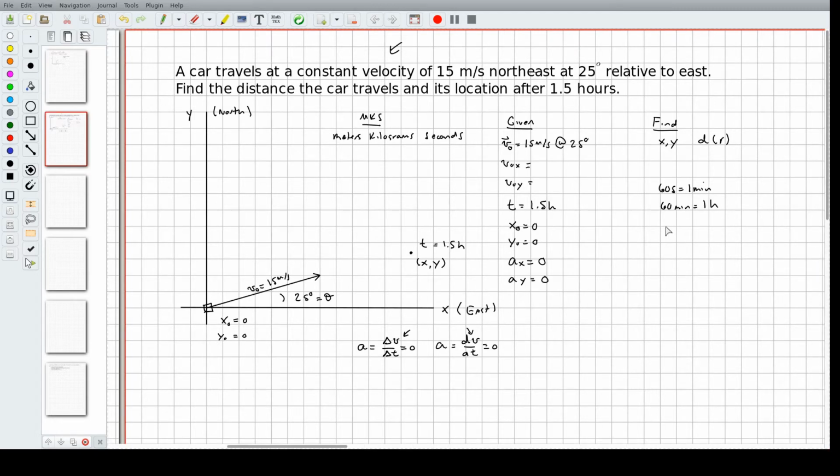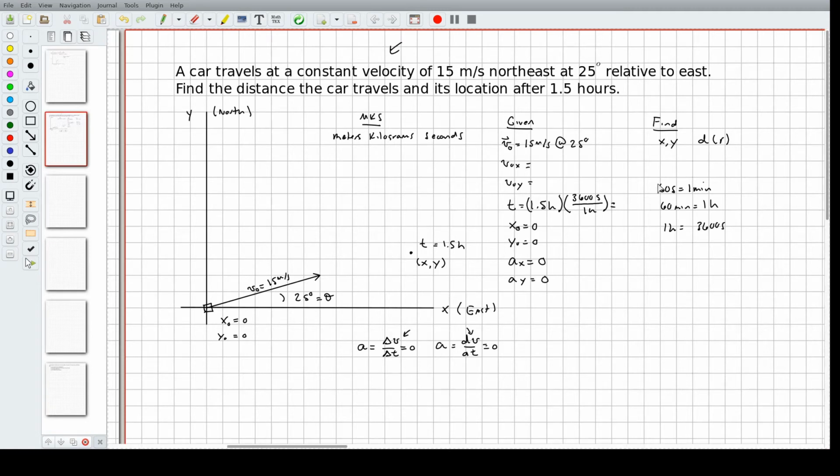So if you do your math here, 1 hour is the same thing as 3,600 seconds. So I can convert my 1.5 hours to seconds by noting the fact that there are 3,600 seconds for every 1 hour.